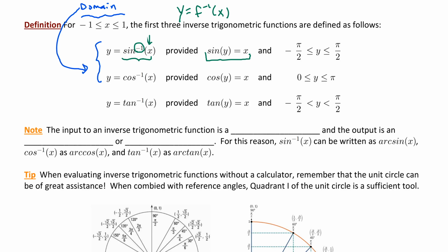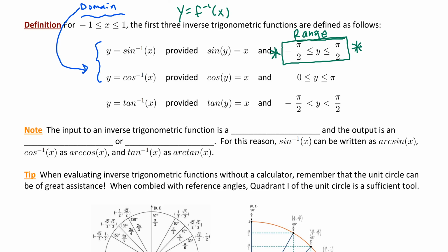So inverse sine is the opposite or the reverse of our original sine wave. This will yield a value between and including negative pi over 2 and pi over 2. So this is the range of our inverse sine function. This is something to be memorized. It will be important that you know the range of inverse sine.